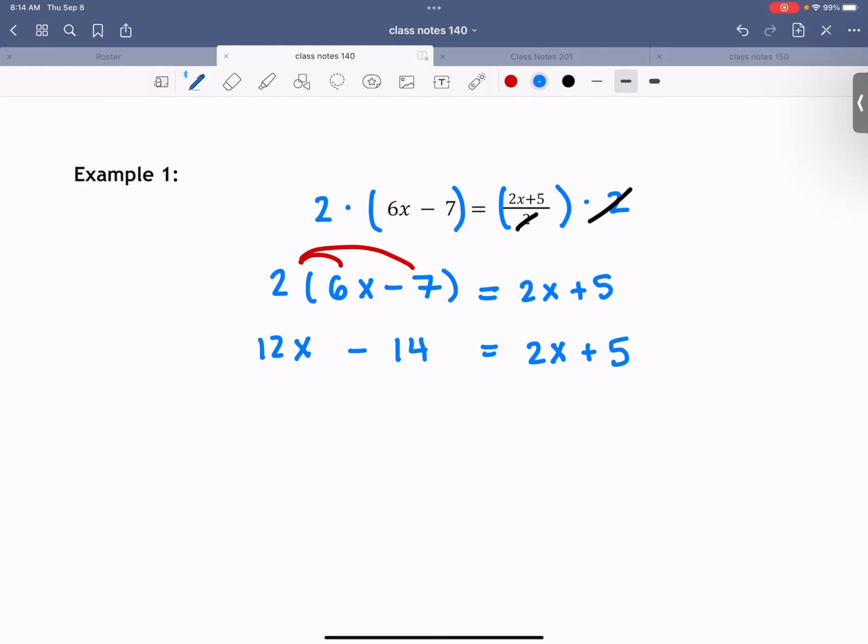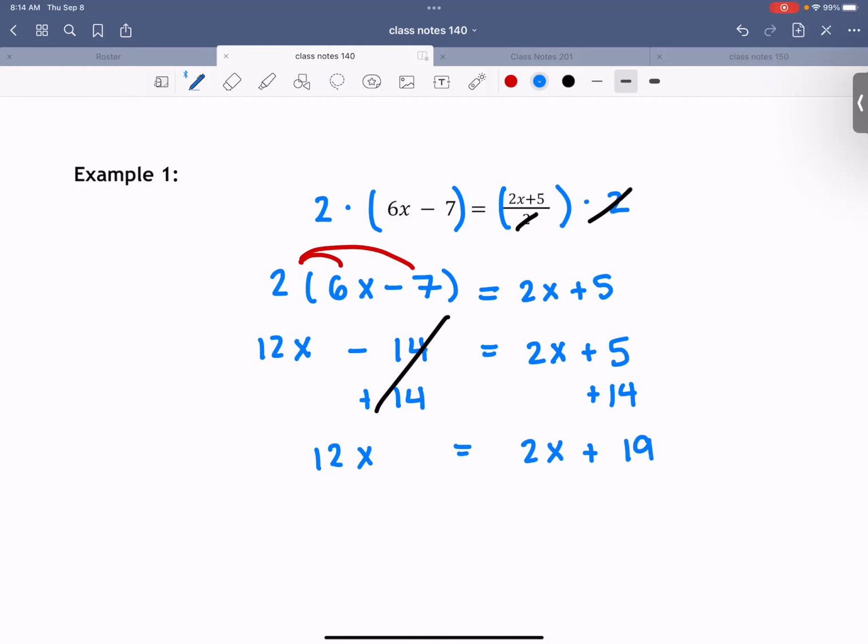Awesome. Yeah, add the 14. Another thing you could do is subtract the 5, but adding 14 might make things more positive, so that's a good step. 12x, the 14s cancel, right? So that cancels out. Equals 2x, 14 plus 5 is 19, right?